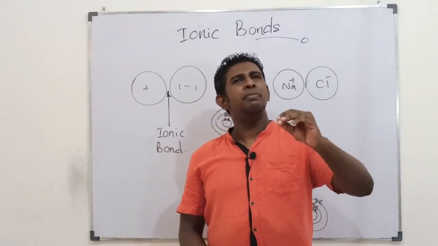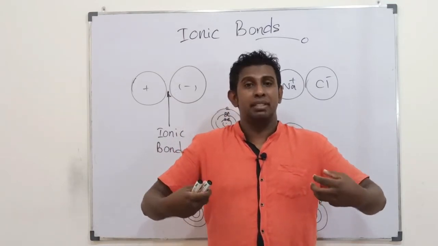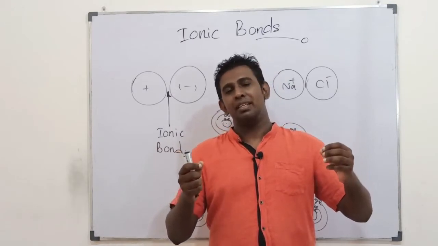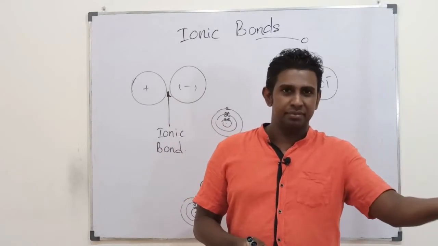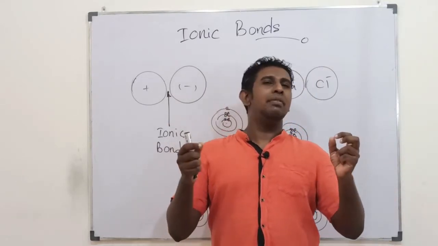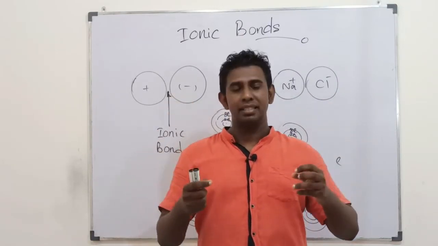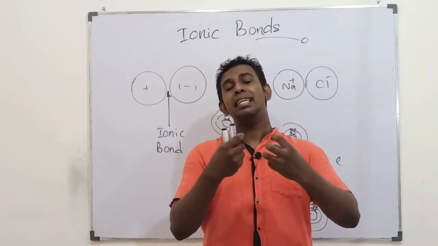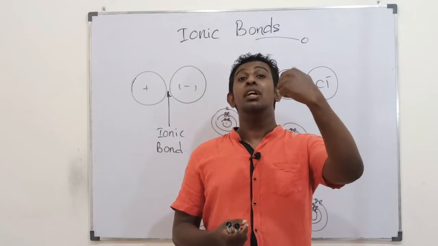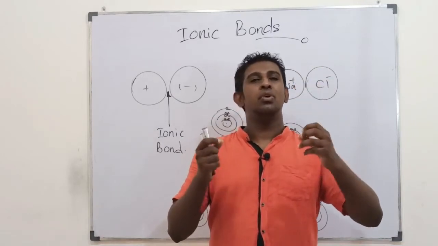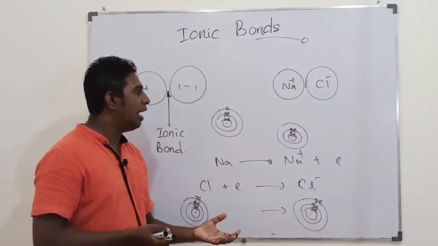So regardless of how these cations and anions were formed, regardless of whether sodium has given the electron to the same chlorine or not, if you get Na+ and Cl-, and they attract each other, then that electrostatic attraction force is the ionic bonding between sodium cation and chloride anion.